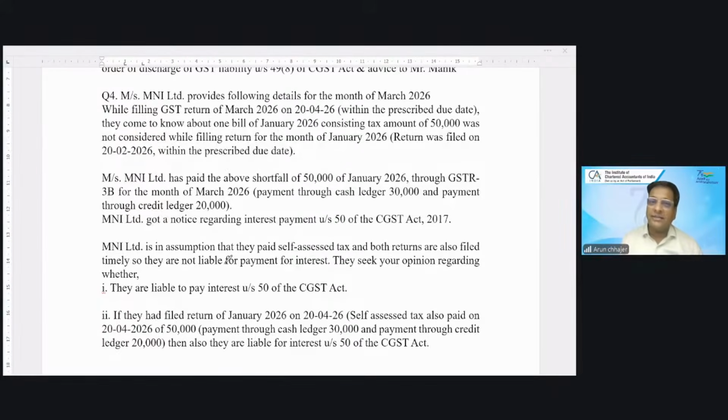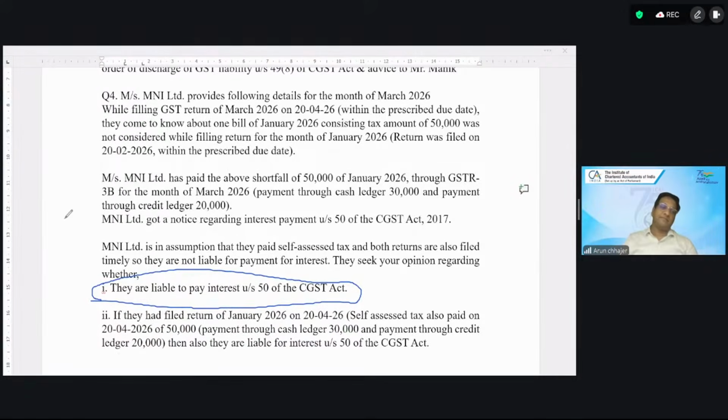Also, the liability was paid 30,000 through cash and 20,000 through ITC. ऐसा ही था ना? Okay. हाँ, 30,000 through cash and 20,000 through ITC. Give me the answer of this question only. Till now, do they need to pay the interest or not required?